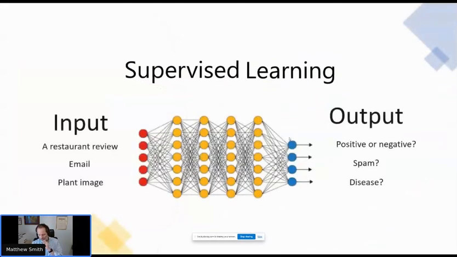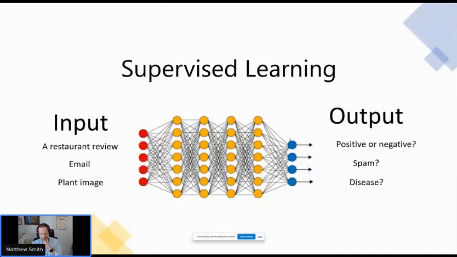Okay, supervised learning. Supervised learning is, I think, probably the most intuitive of the types of AI, in that it's just a more sophisticated way of doing something that you have probably already seen or tried to do. This is where you take an input and it predicts a particular output.